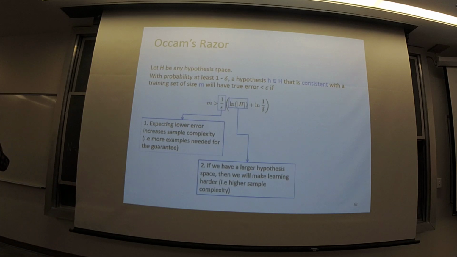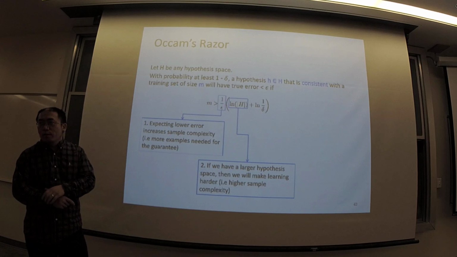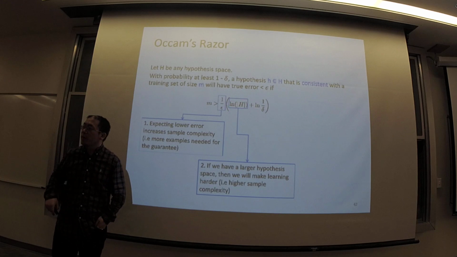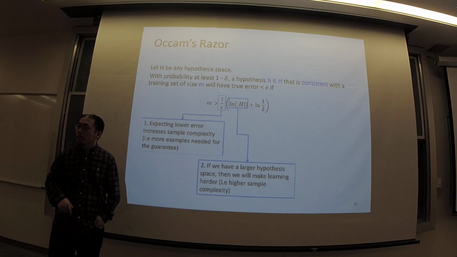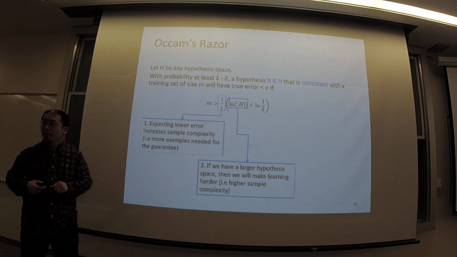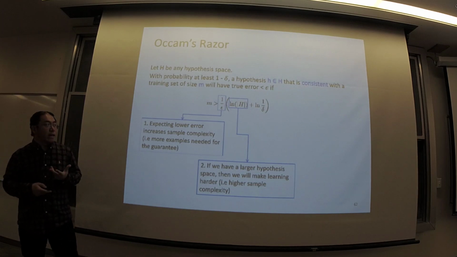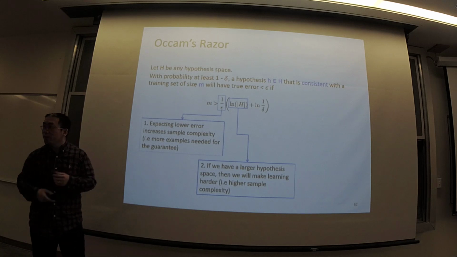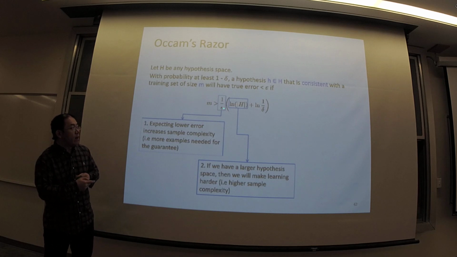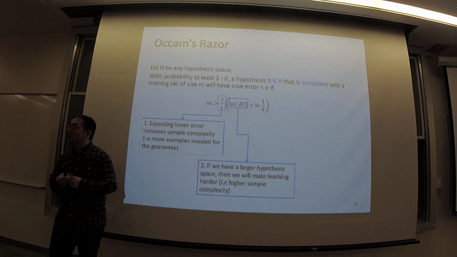And the second term, we see that the requirement for the number of samples is also determined by the size of the hypothesis space. It means that for the same epsilon and delta, algorithms which have a larger hypothesis space will need more training examples, right?